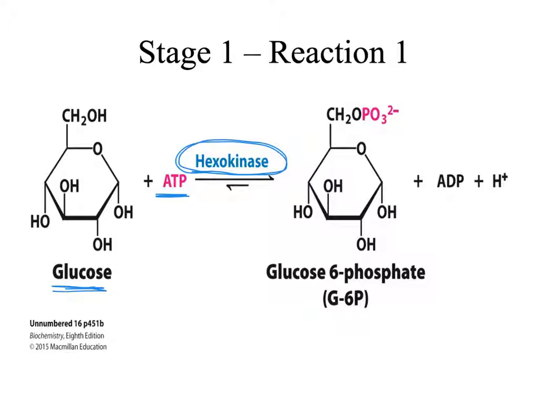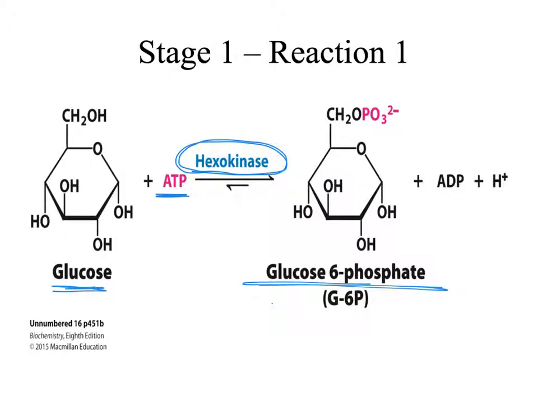And what we form is glucose 6-phosphate. So in stage 1, reaction 1, glucose is phosphorylated by ATP via the enzyme hexokinase to produce glucose 6-phosphate.